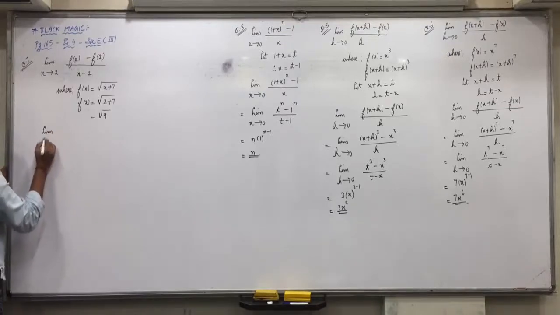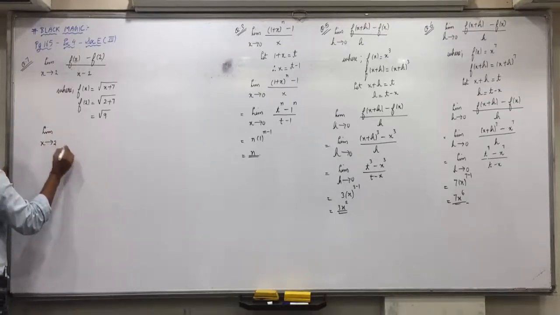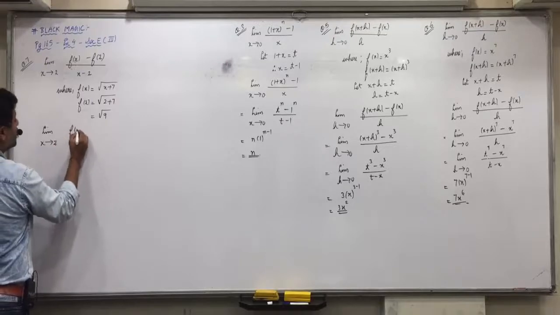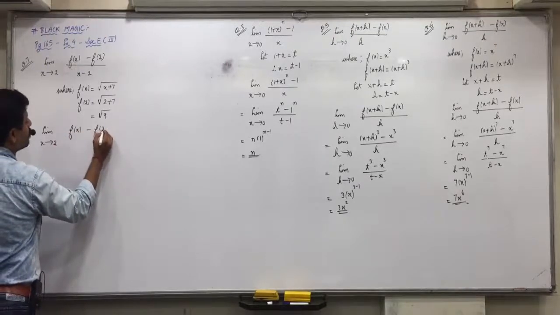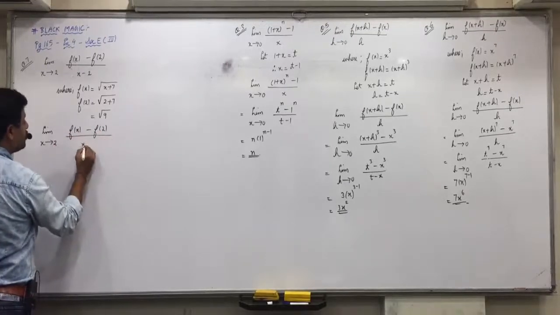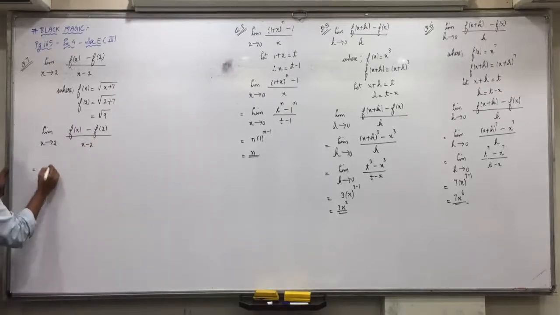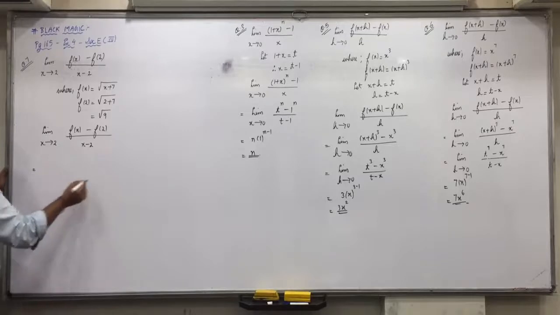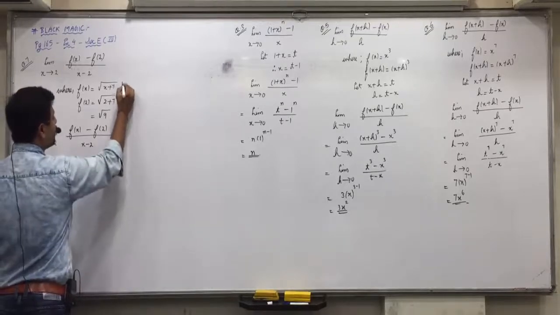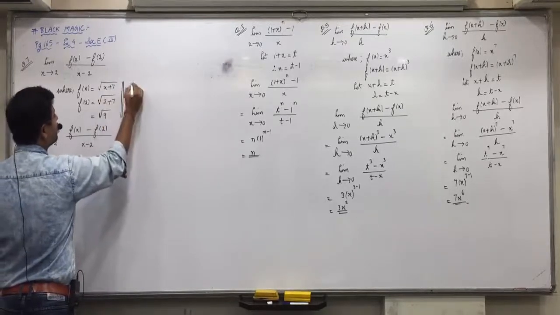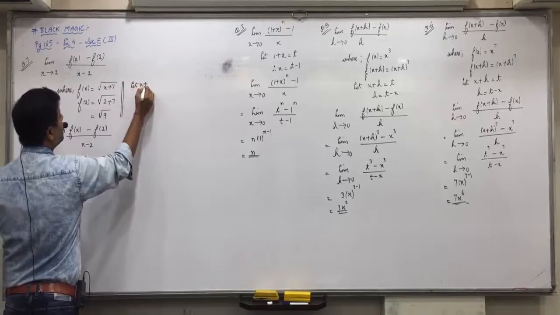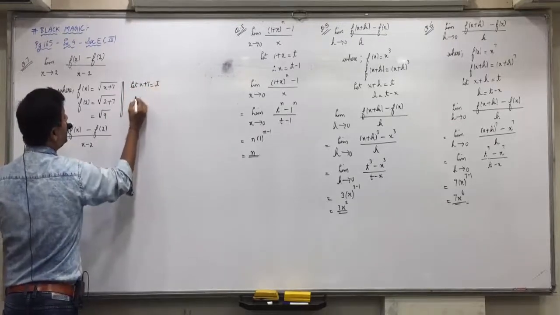Limit x tends to 2, f(x) minus f(2) upon x minus 2 is equal to. Okay, one more thing. Let x plus 7 equal t.